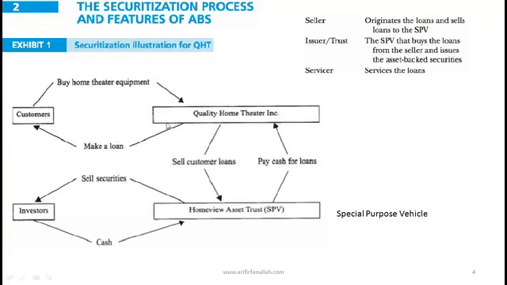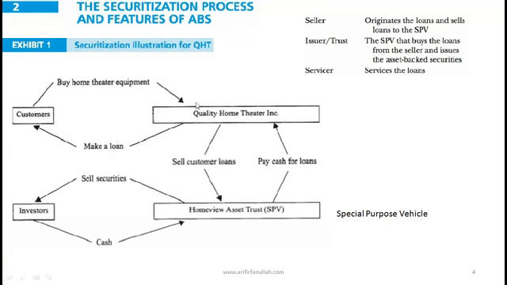Okay, so let's look at the example from the curriculum. You have a company called Quality Home Theatre Inc. This company makes high-end home entertainment products, and the products are sold for anywhere from $20,000 to $100,000. When the company sells its product, typically the sale is financed by the company itself.